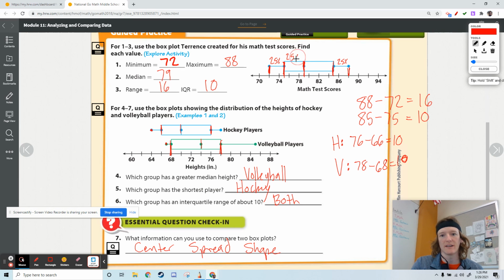Remember, each section of this box is 1/4 of our samples. So if we do 100 math tests, 25 of them fit in between here, 25 in each section of the box.